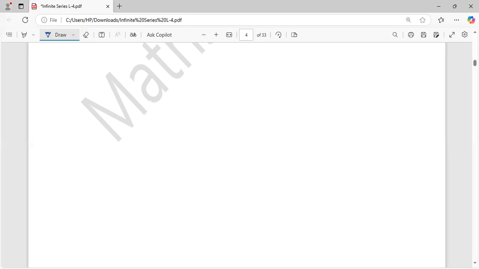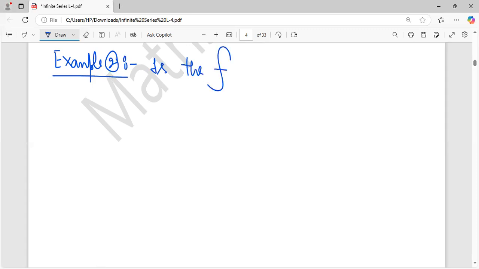Example 2. Is the following series convergent? What is the series?